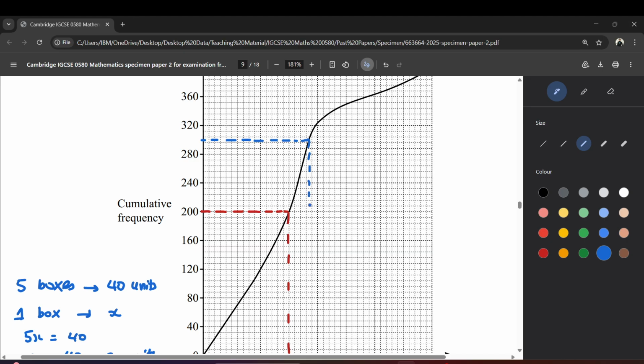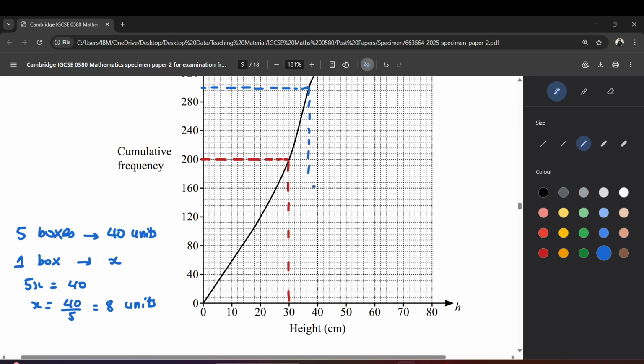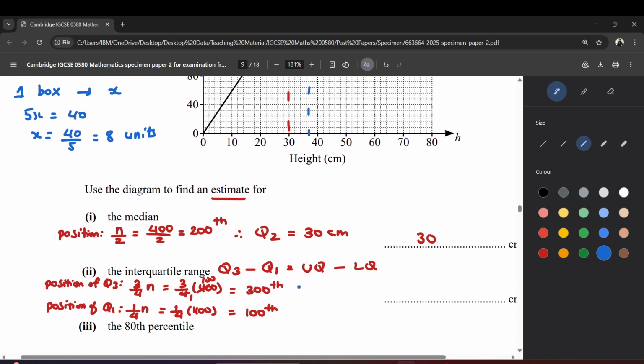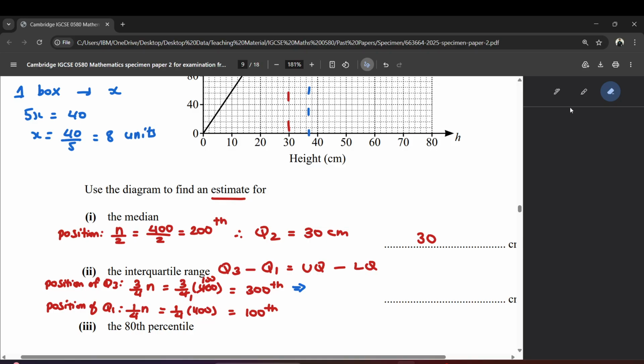Again, this one is going to be between two values over here. Now for this small box, this one is easier to deduce. You can see 30, 32, 34, 36, 38. So between 36 and 38, therefore this will be 37. So UQ or Q3 is 37.